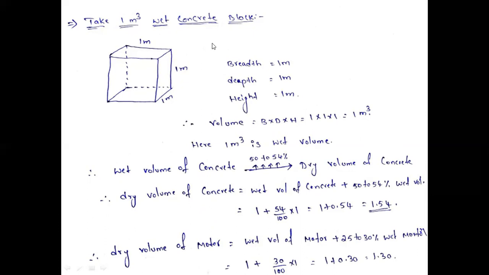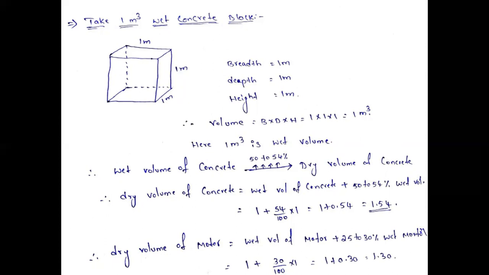It is the wet concrete block, so all dimensions are 1 meter. Volume is breadth times depth times height, so 1 into 1 into 1 equals 1 cubic meter. Here 1 cubic meter is the wet volume of the block.